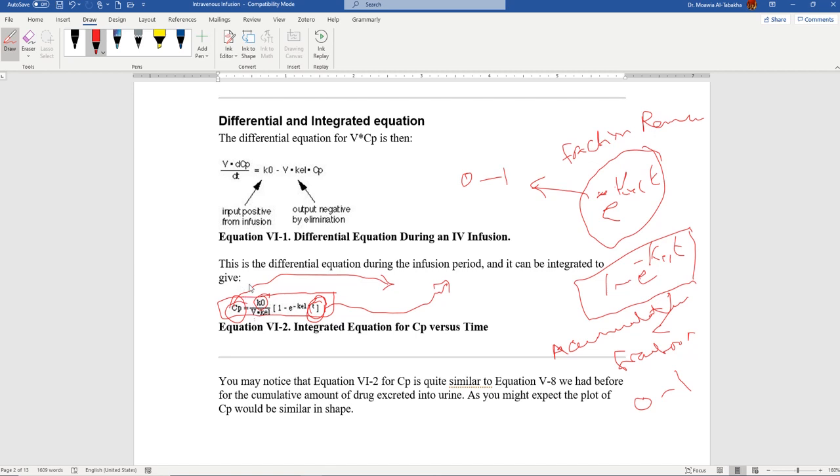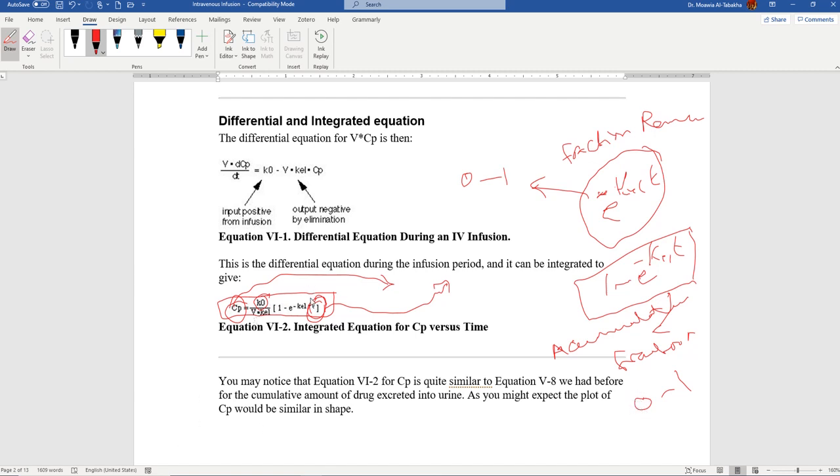And this is the right thing, meaning at time 0, the concentration in the plasma will be 0. So the accumulation fraction is 0; nothing in our body has accumulated.